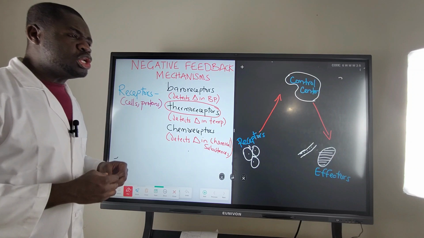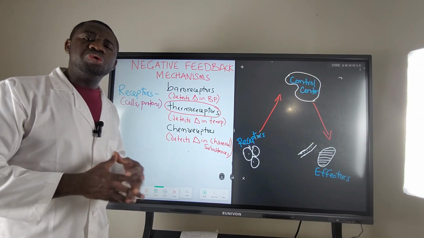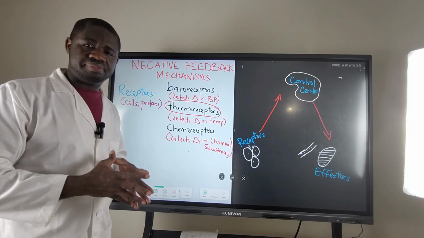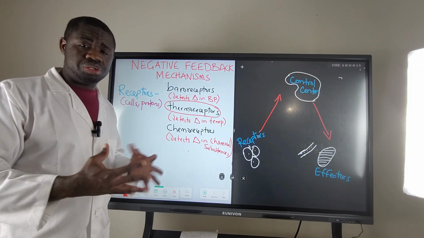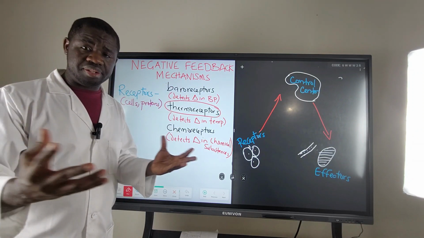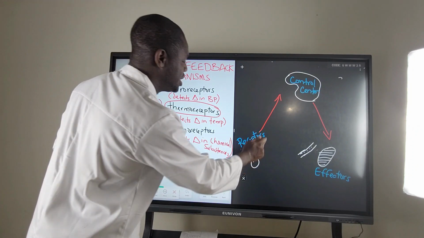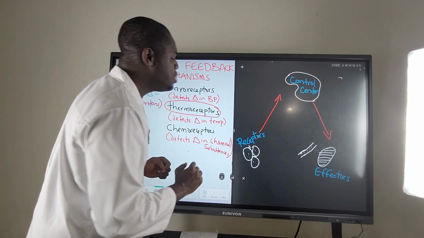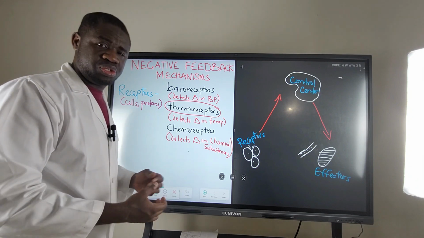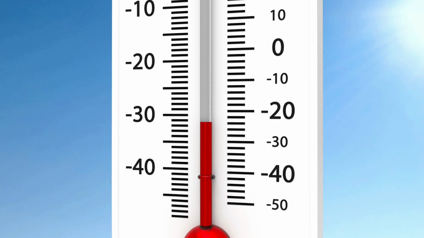Let's say that you have a patient who is experiencing fever or high body temperature because of hot weather. The thermoreceptors, which are specialized receptors, will detect the change in the body temperature.